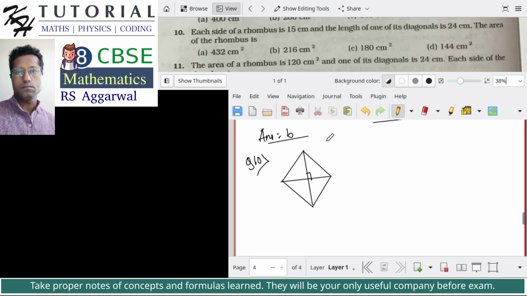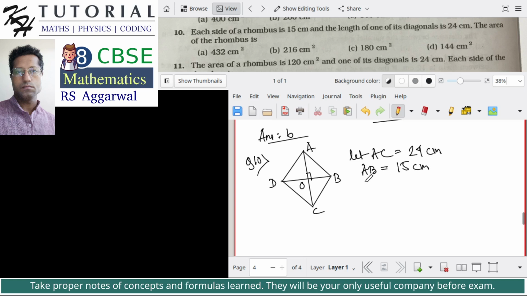Let's say the rhombus is ABCD. Let the diagonals be intersecting at the point O. So let the length of AC be 24 centimeter, and we have AB is equal to each side of the rhombus, which is 15 centimeter.